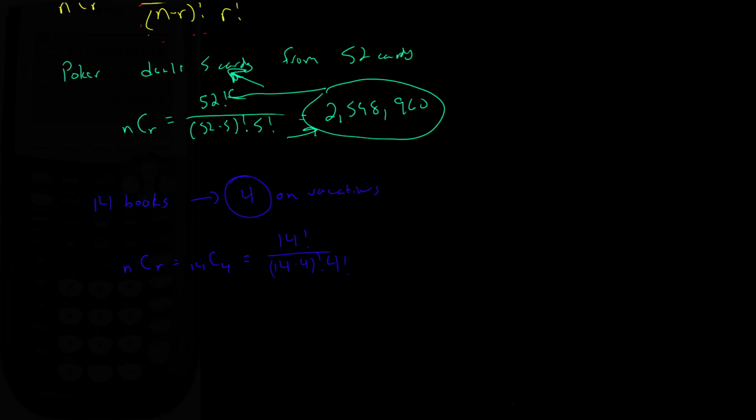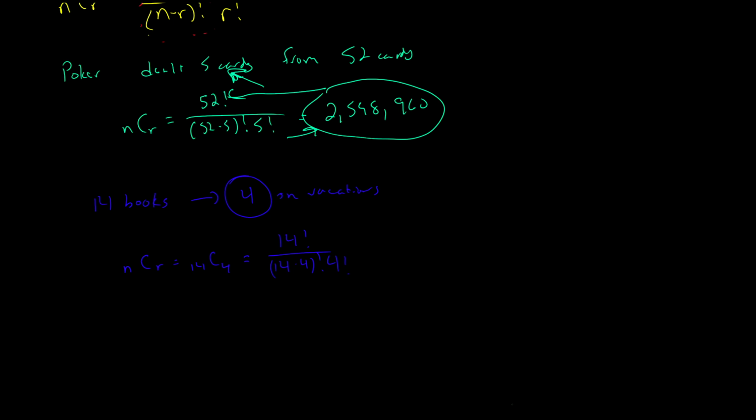So I have 14 factorial over 14 minus 4 factorial times 4 factorial. So I have 14 books, and I'm taking 4 on vacation. So I'm going to have 14 combinations 4, or 14 choose 4. So that's 14 factorial divided by 14 minus 4 factorial, times 4 factorial. Now we'll go back to the calculator.